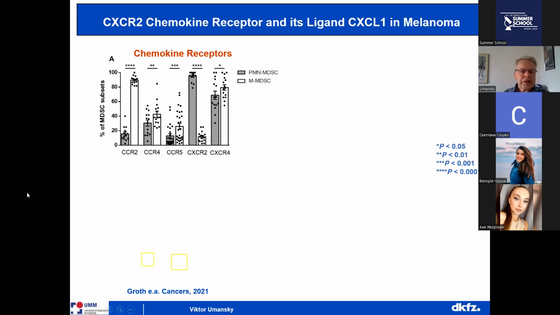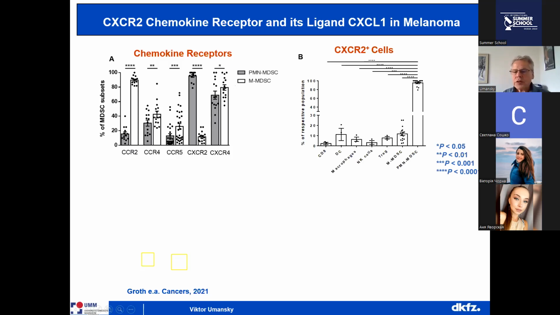And we found that there are two particular chemokine receptors which are differently expressed in both populations. So the MMDC population is characterized by the predominant expression of CCR2, whereas PMN MDSC are more characterized by CXCR2.